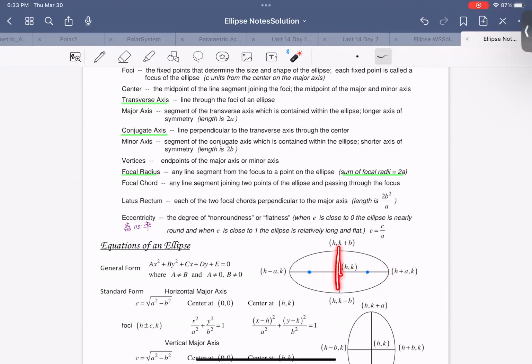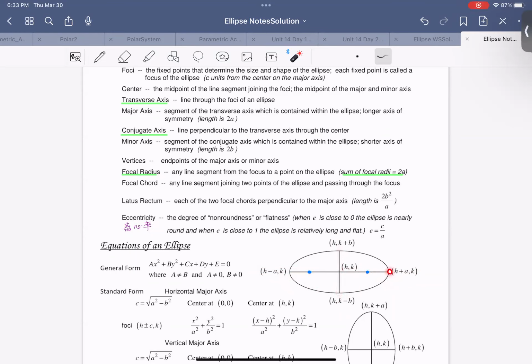The center between these two foci is called the center of the ellipse. This distance is called c. To the right is positive c, to the left is negative c. To the right here is positive a, to the left here is negative a. And then you will go up, go down.